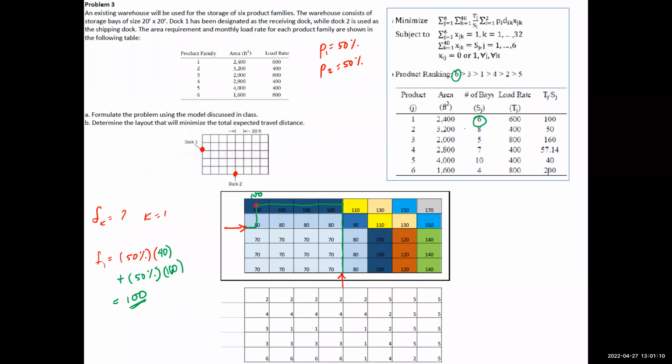So it's 6 by 400 by. We only need four bays, right? Oh yes, sorry about that. I was looking at the wrong number. So we only need 4. Apologize for that. You only need 4. So that's why we place them here.